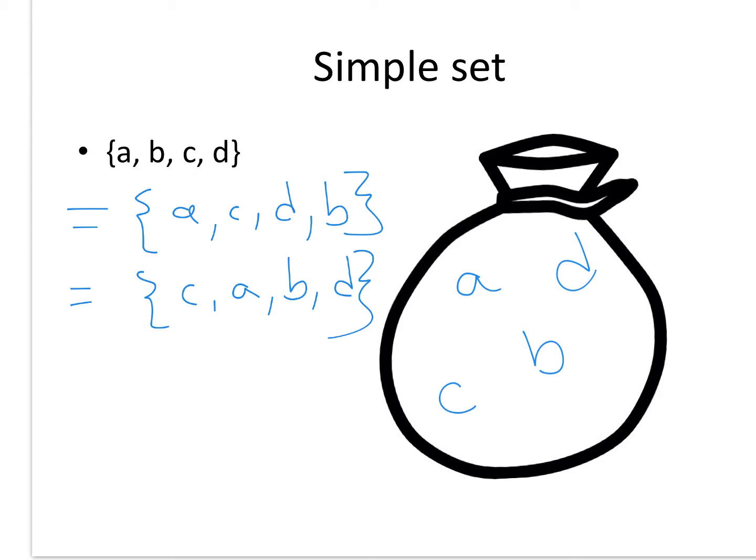The other thing is that it depends on who you're talking to and the book that you're using, but for the purposes of our class, if you list an item twice in a set, it doesn't really matter. So if we put A in there a couple of times, each item only really appears once, so this set is actually the same as these ones and is just represented by this bag full of stuff.